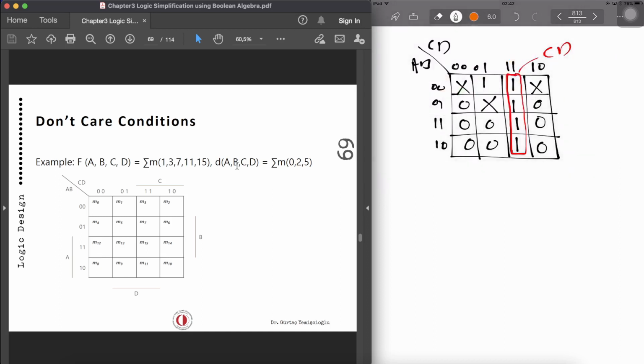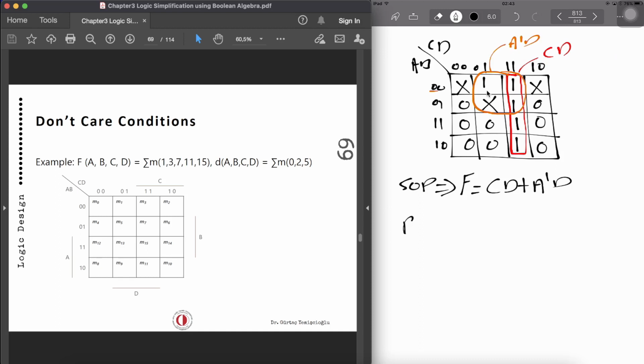Also, as I have got 1 over here, I can combine these 4 of those together. When I combine 4 of those together, as X can be assumed as 1, it's A prime and D. So SOP is F equals CD or A prime D.